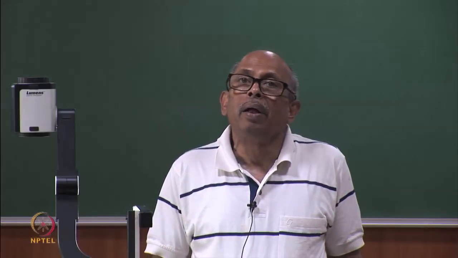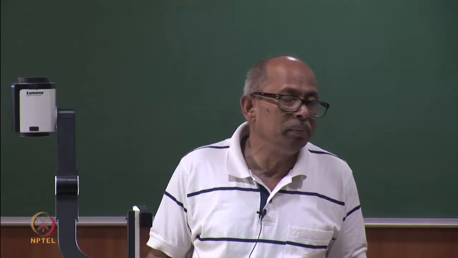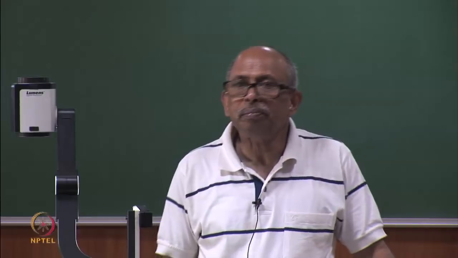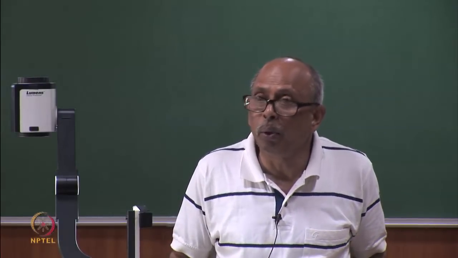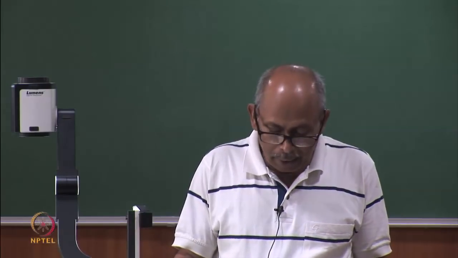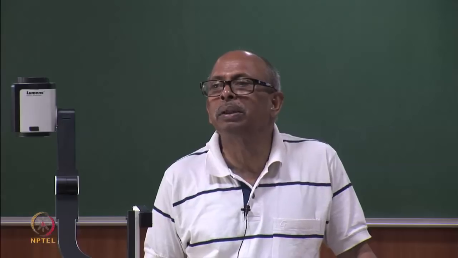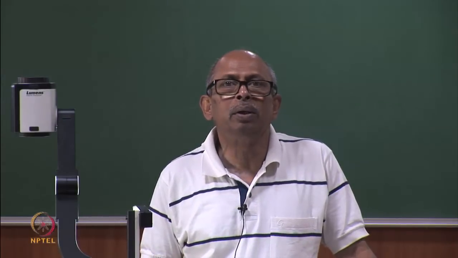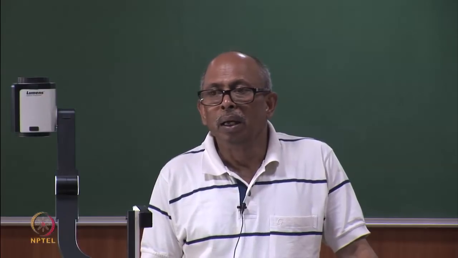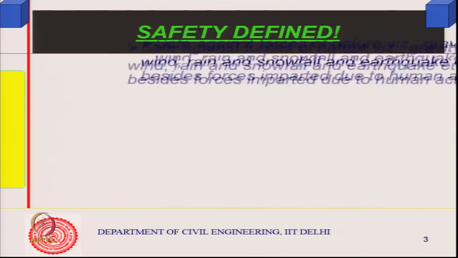Similarly, noise outside or noise generated within. So, it should be comfortable against such a thing, but obviously safety is most important, and building must accomplish all this economically. One would normally be talking about life cycle cost in this context, but anyway cost is not an issue in our case. So, first to talk about safety, which you have learned through your undergraduate programs.